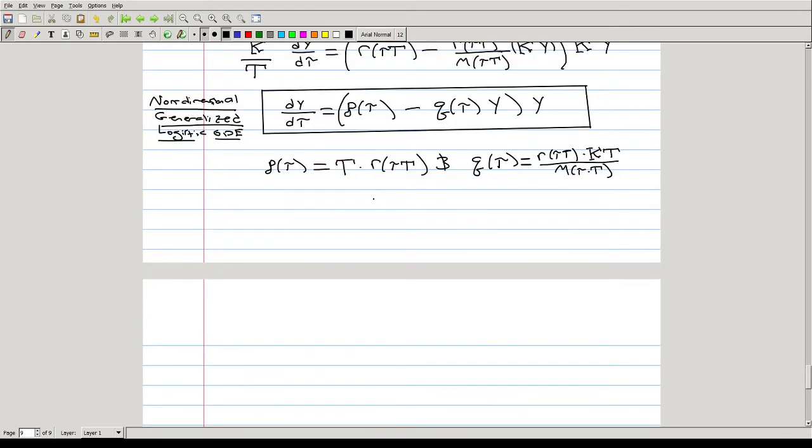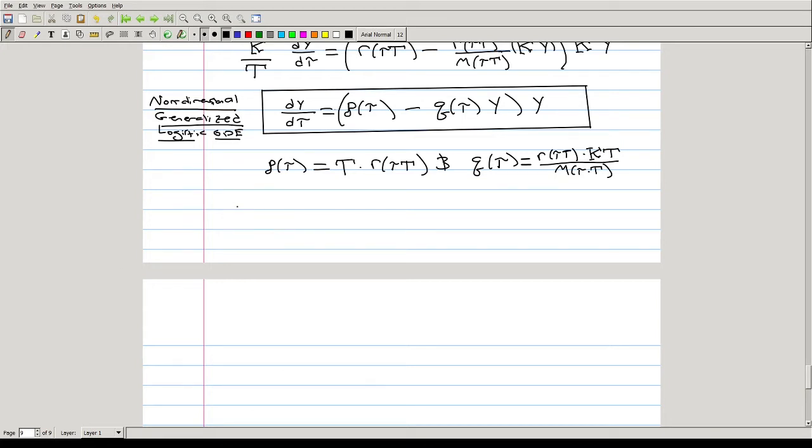But the idea is that we know how to solve systems of single linear first order ordinary differential equations using the variation of constants formula that we talked about before.